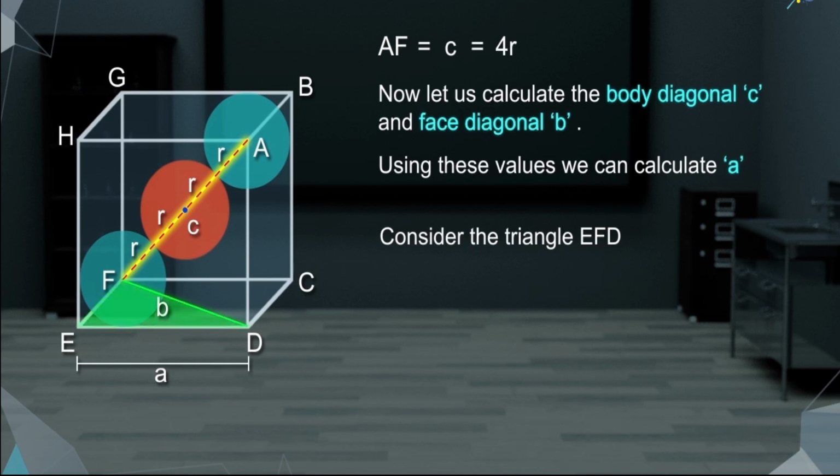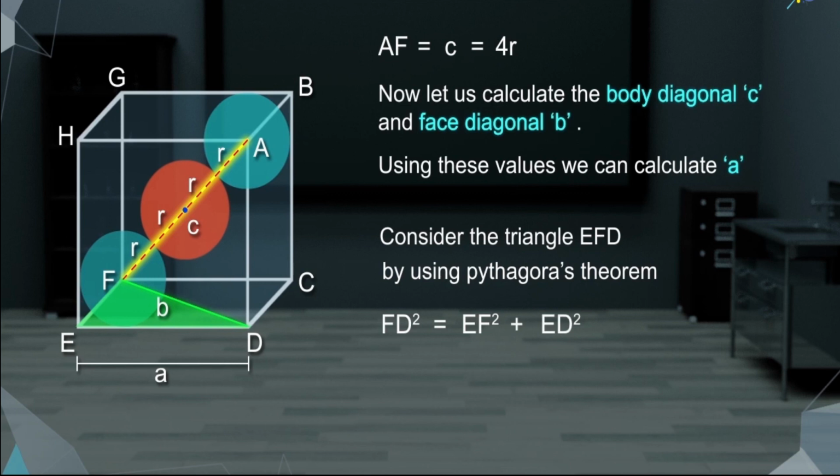Consider the triangle EFD. By using the Pythagoras theorem, FD² is equal to EF² plus ED². Now B² is equal to A² plus A², so B² is equal to 2A².